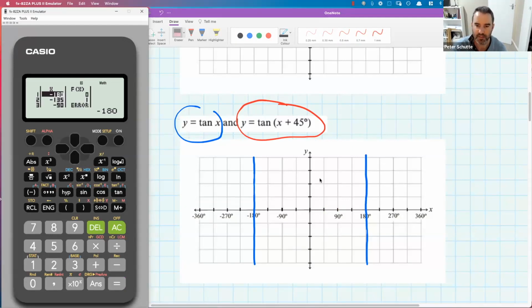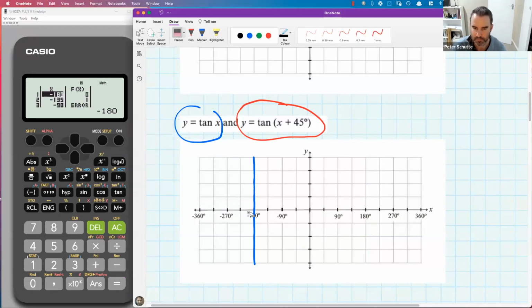Okay, so my very basic trig graph is going to look like this.